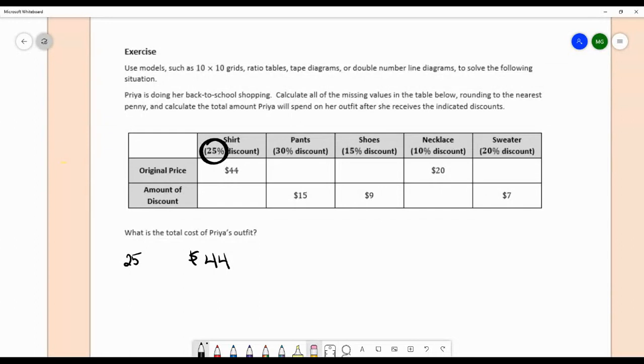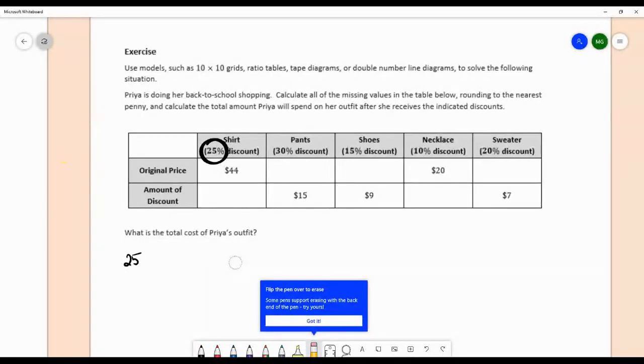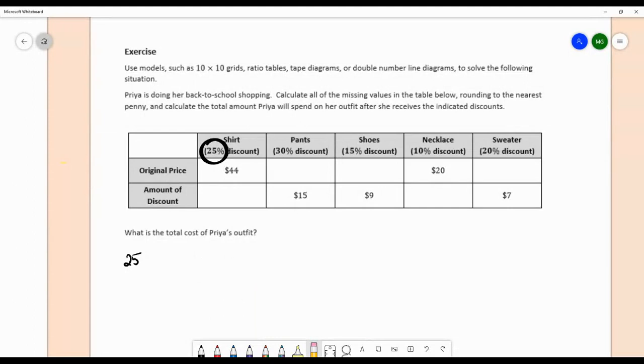I'm going to actually erase this right this second because I don't need that. 25 over 100. Now, I'm going to reduce that right away because it is going to be so much easier to work with. Okay, so I know 25 over 100 is the same thing as 1/4.